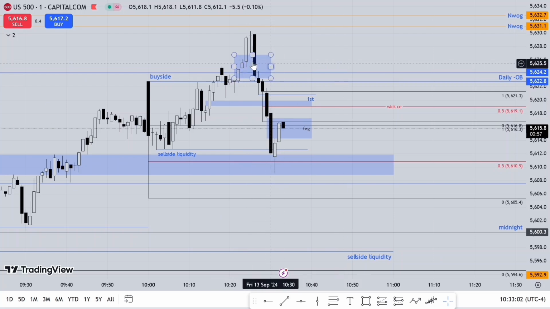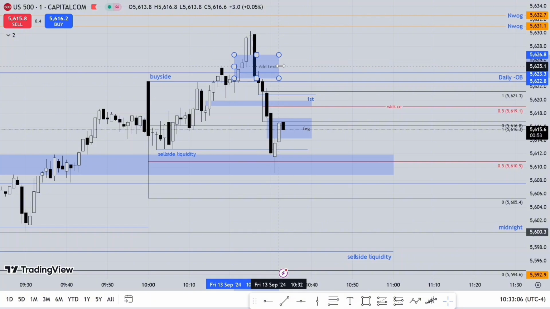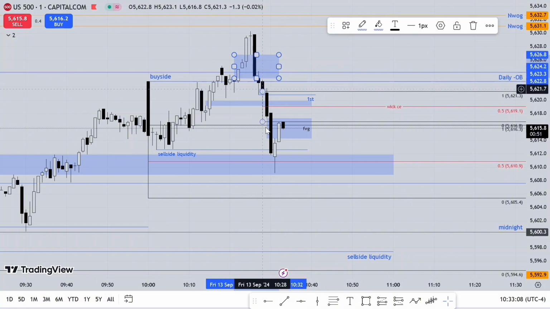So this is the balanced price range. When price made this balanced price range and then dropped lower, the low of this candle here and the high of this candle, or the opening of this candle, we expect price to balance.